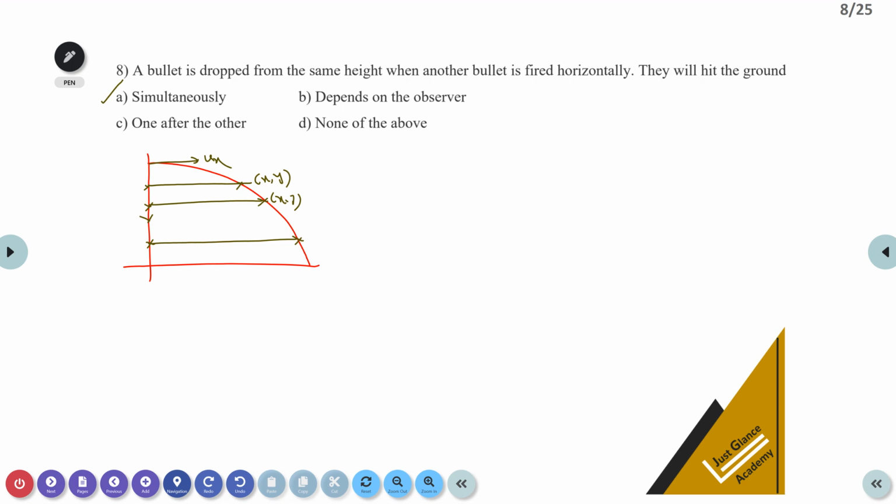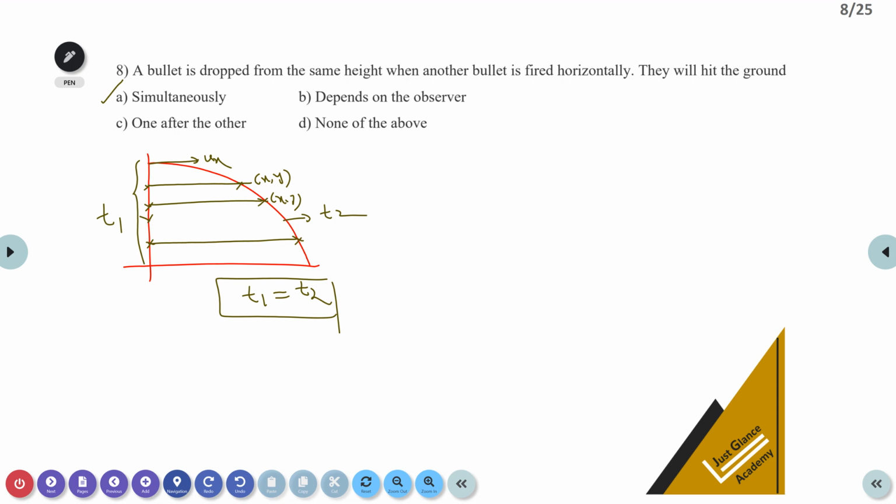For the vertical downward path the time is T1, and for the other path it is T2, but T1 equals T2 here. I give an example: you are traveling in a bus.